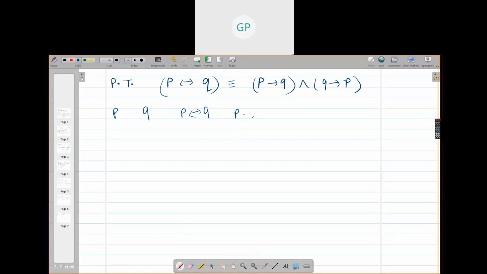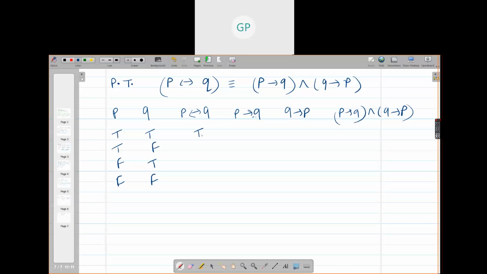So P implies Q, then Q implies P, then P implies Q and Q implies P. First T T F F, then T F T F. P if and only if Q.